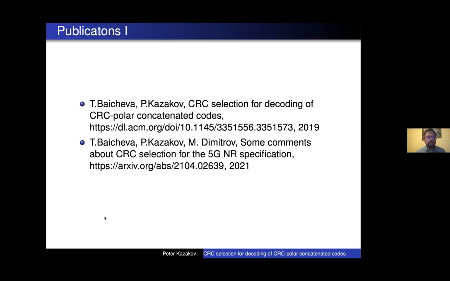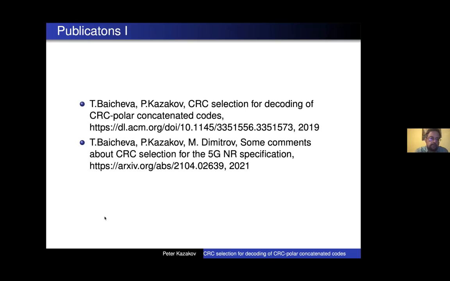This presentation contains materials mostly from two papers. One is our joint work with Sanka, CRC selection and decoding of CRC-polar concatenated codes, published in 2019. The other is also work with Sanka and Miroslav Dimitrov, with some comments on CRC selection in the 5G specification.